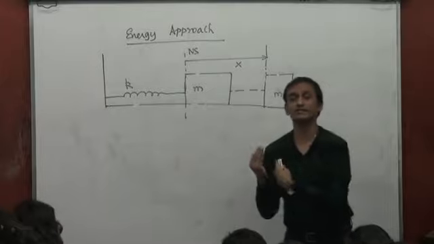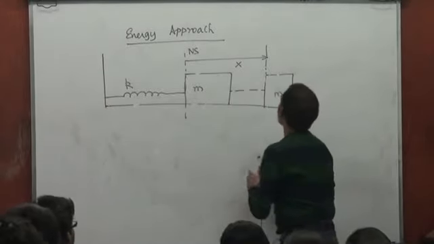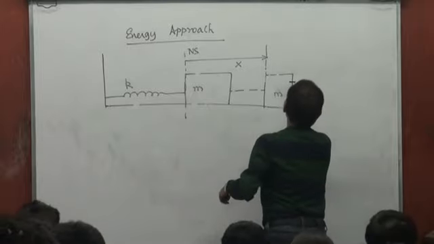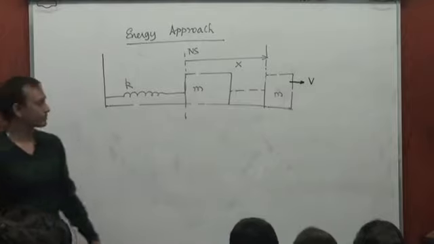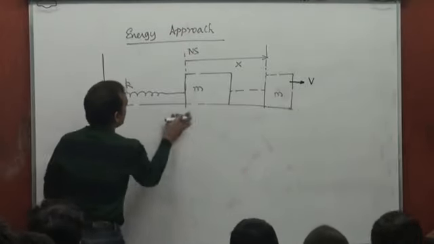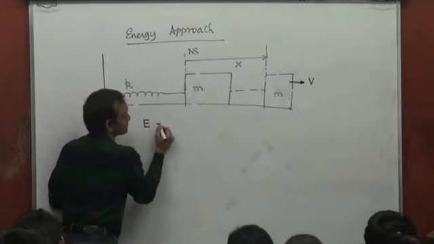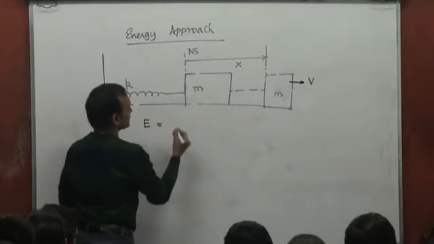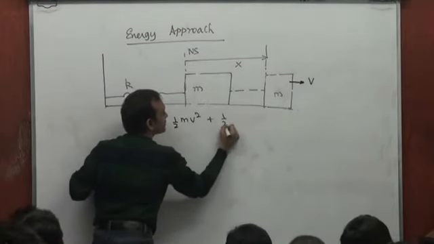So the spring would have got elongated or compressed, depending on the direction, by an amount x, and in that state the velocity of the mass is v. Now the total energy of the oscillating system in this intermediate state is half mv square plus half kx square.